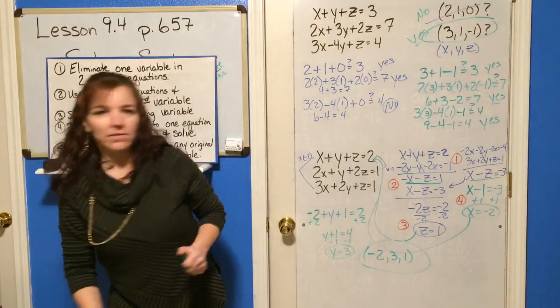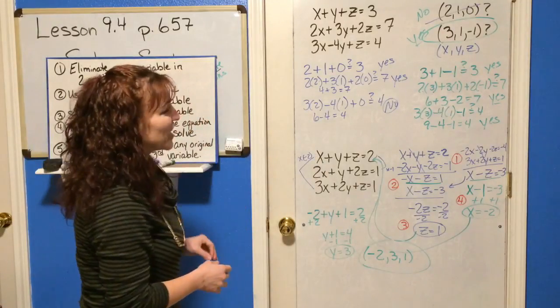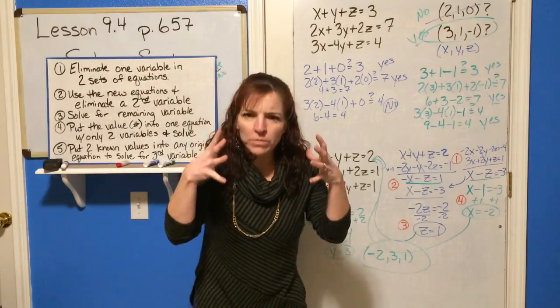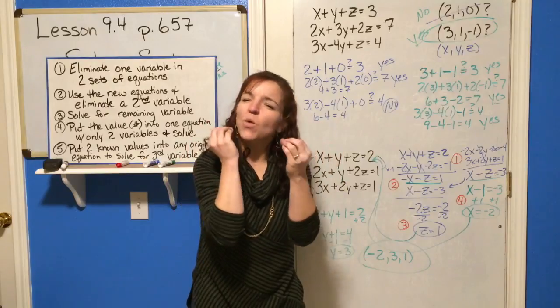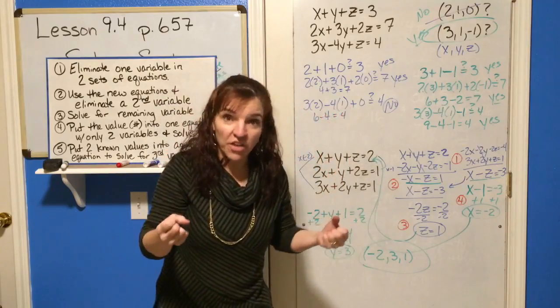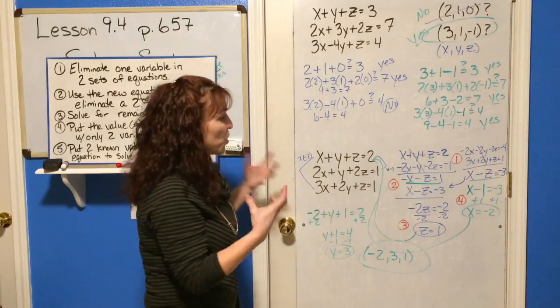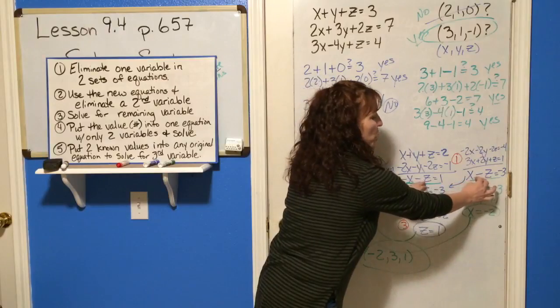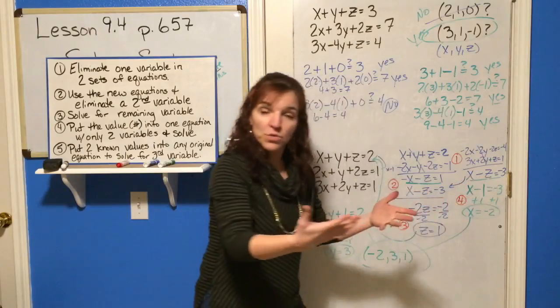I'm going to make sure I got it right. Huh? I sure did. All right. So all you have to do is don't get overwhelmed. Really and truly take it one step at a time. Step 1, get rid of one of the variables in 2 sets of the equations so that you end up with 2 equations that just have 2 unknowns.